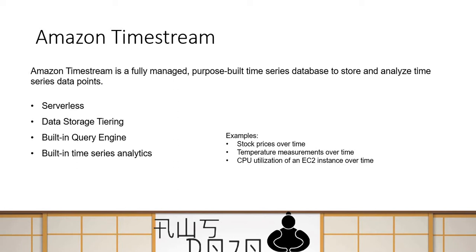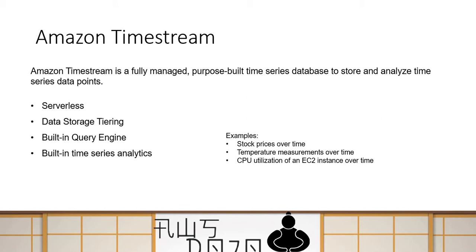Another example is an IoT sensor which is sending temperature, pressure, humidity or vibration measurements. Again, it's sending that measurement with a timestamp, and your frequency could be per millisecond, per minute, per hour. That does not matter, as long as you are repeatedly sending that measurement with a timestamp at a certain frequency. That's time series data.